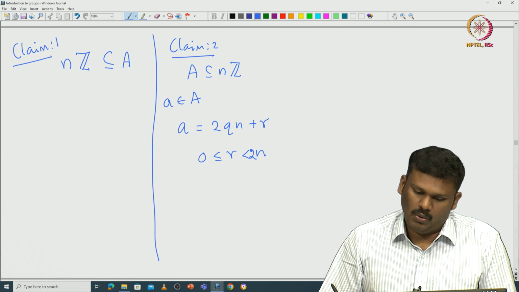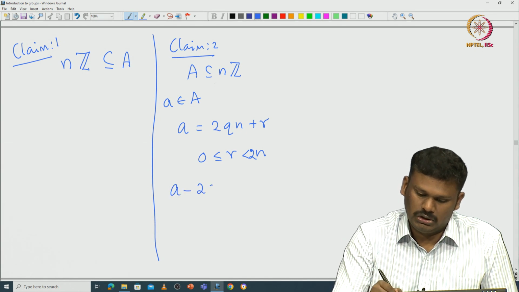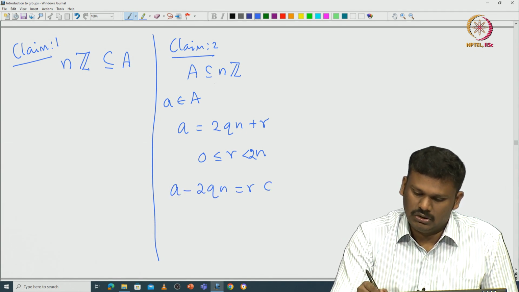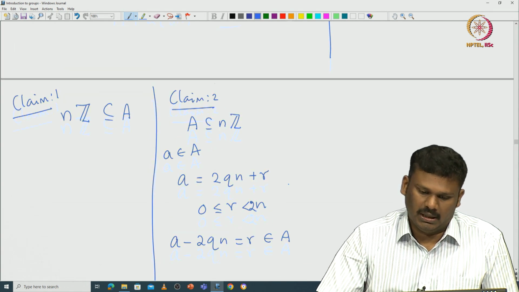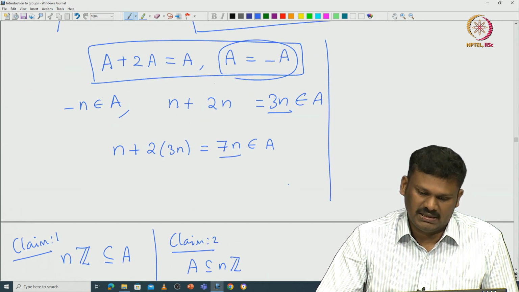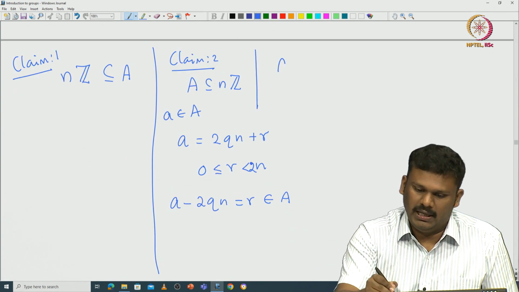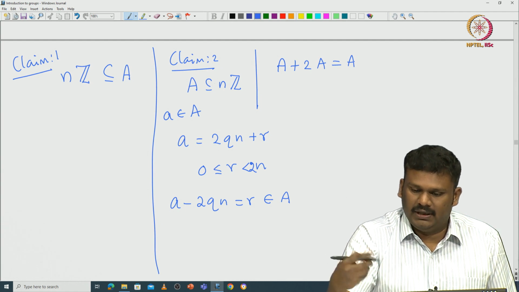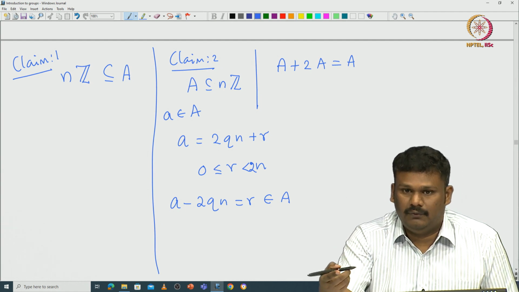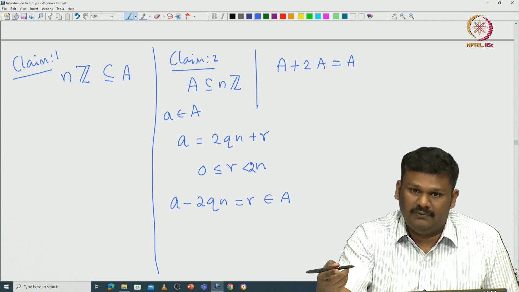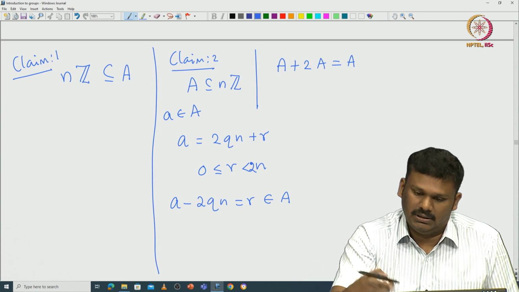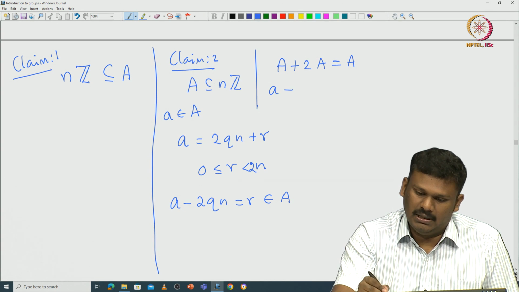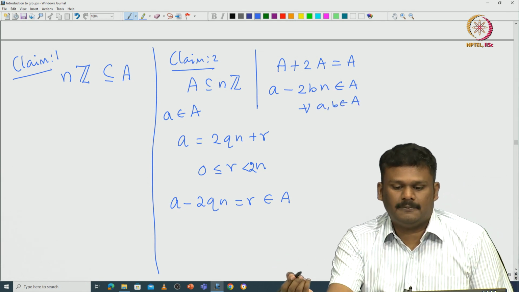So now what do we know? We know that a minus 2qn, which is r, should be in capital A, because A plus 2A is A. So that implies if I take any even multiple of n and add it to or subtract it from this a, then a minus 2bn should be in A for all a, b in A. So that is easy to see.